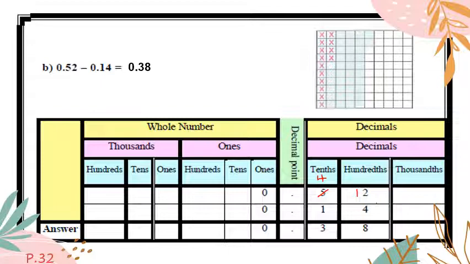Now count from 4 till reach to 12. It will be 8. Now 4 minus 1, it will be 3. Decimal minus decimal, it will be decimal. 0 minus 0, it will be 0. So the answer will be 0.38.